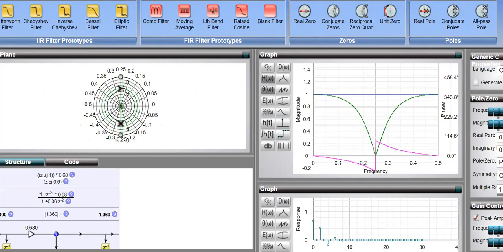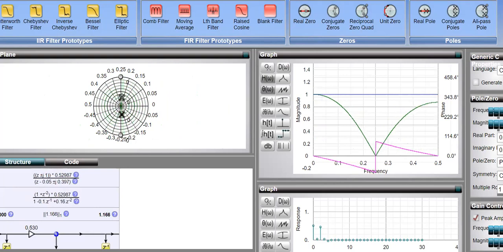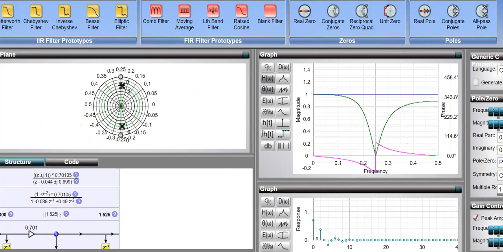But what is the advantage? The advantage is now you can control the quality of the filter. So you can control the bandwidth of that filter here, and you can also control the bandwidth in that way, but that is not very reasonable.